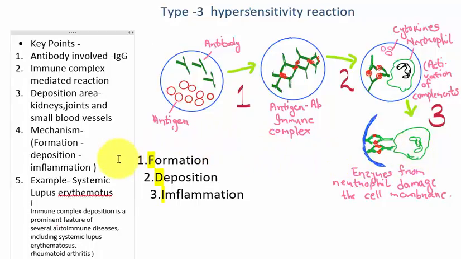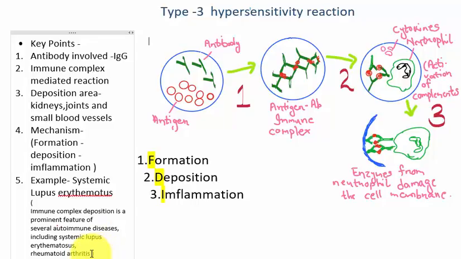Next, the example is systemic lupus erythematosus. Immune complex deposition is a prominent feature of several autoimmune diseases. You can see this type 3 reaction in autoimmune diseases, including systemic lupus erythematosus and rheumatoid arthritis.